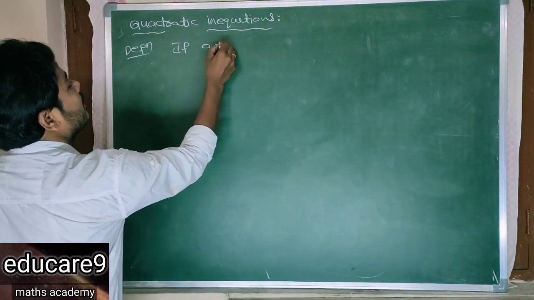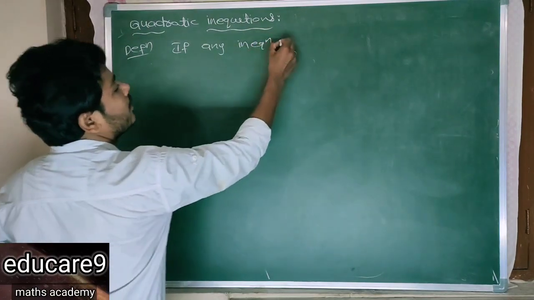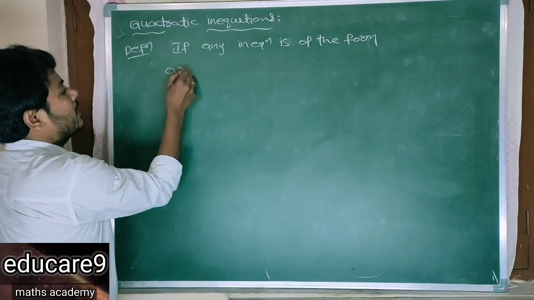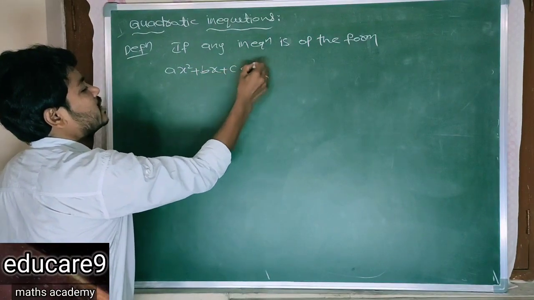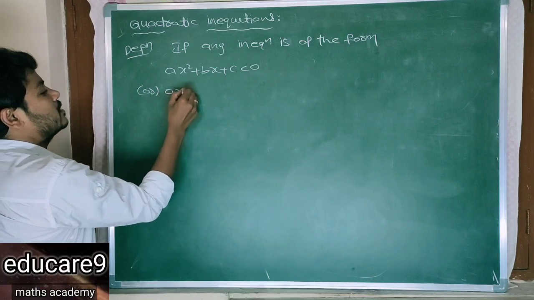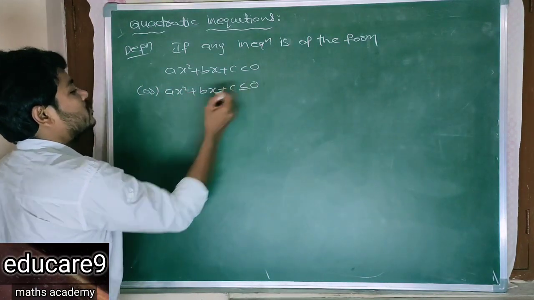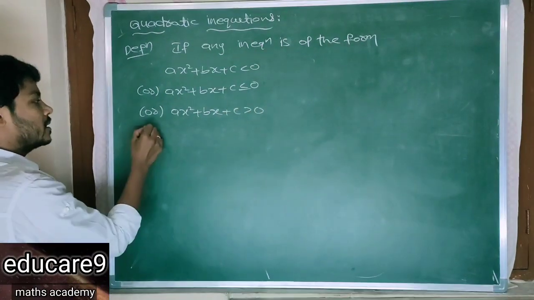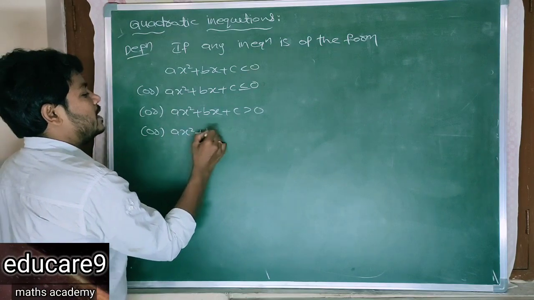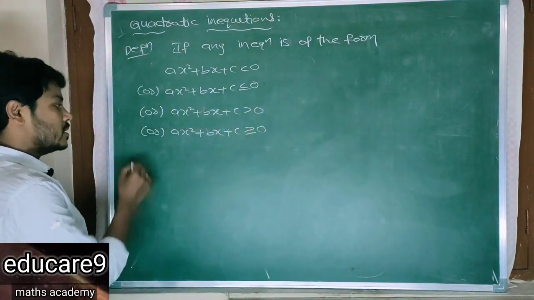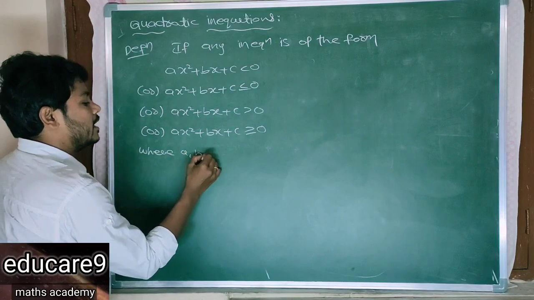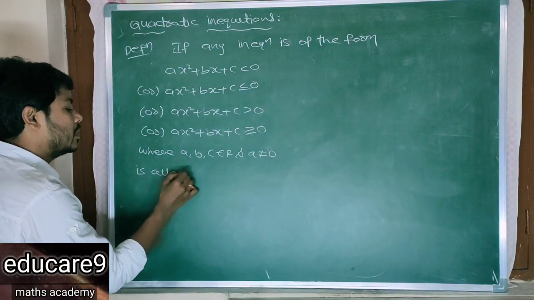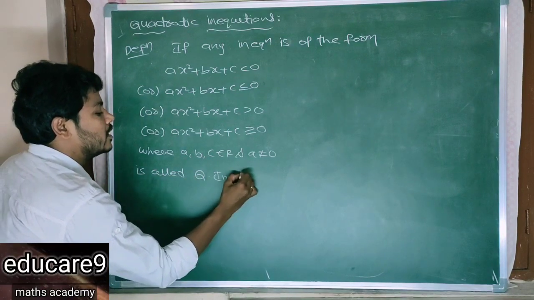If any inequation is of the form ax square plus bx plus c is less than 0, or ax square plus bx plus c is less than or equal to 0, or ax square plus bx plus c is greater than 0, or ax square plus bx plus c is greater than or equal to 0, where a, b, c belong to R and a is not equal to 0, it is called a quadratic inequation.